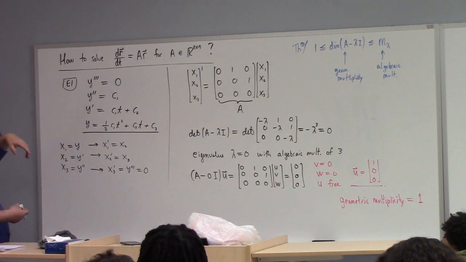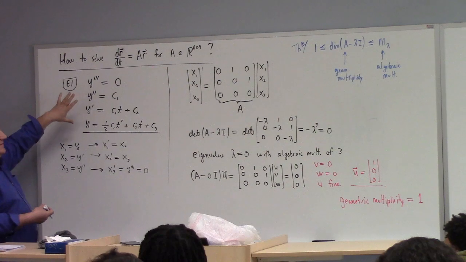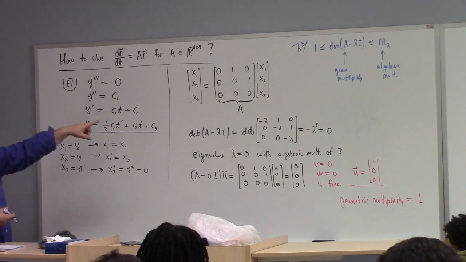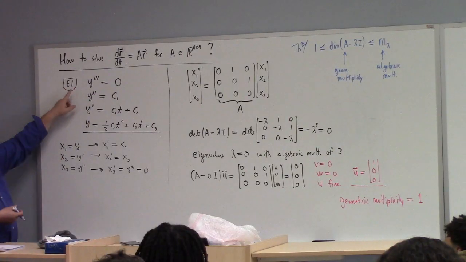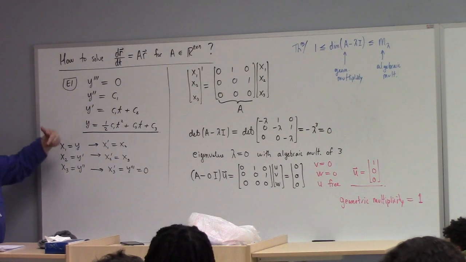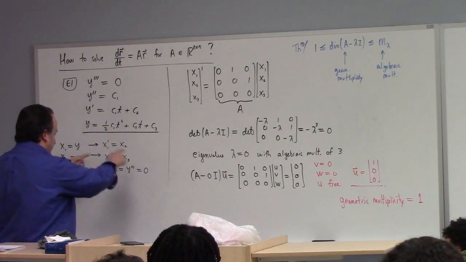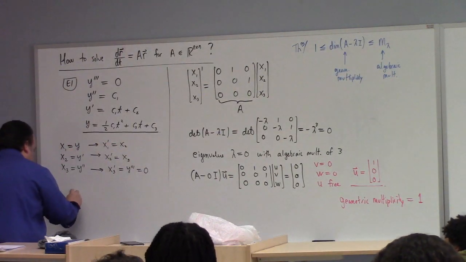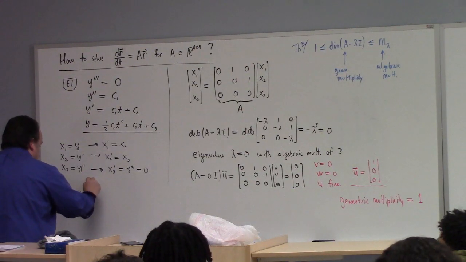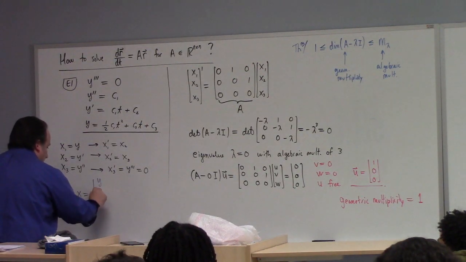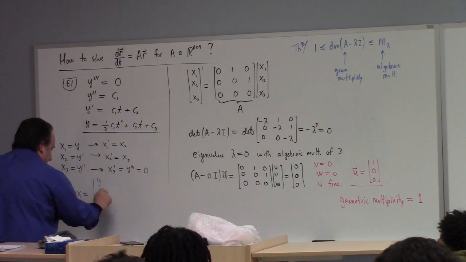What happens if we write out... See, we have another way to solve this problem, right? Because we can use the solution we have from calculus right here and translate it, right? What's the solution? My solution, x, is what? It is y, y prime, y prime prime, right?